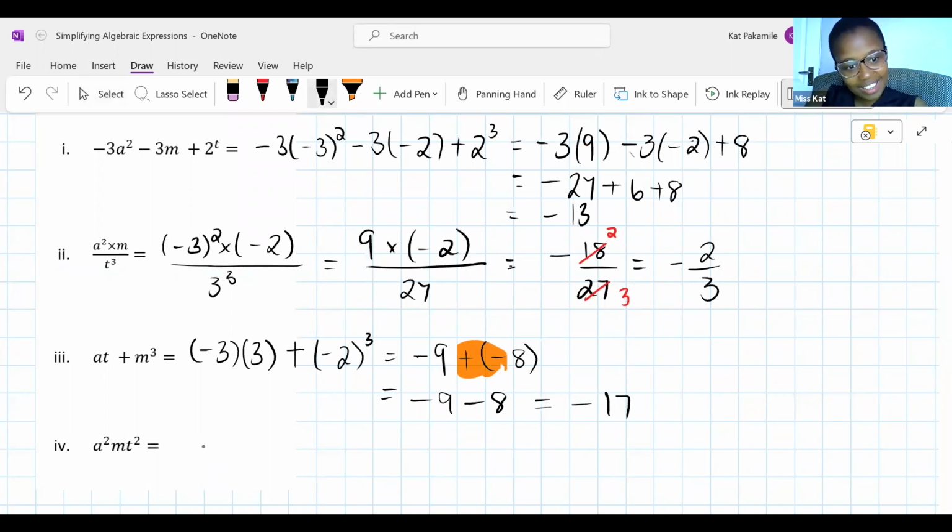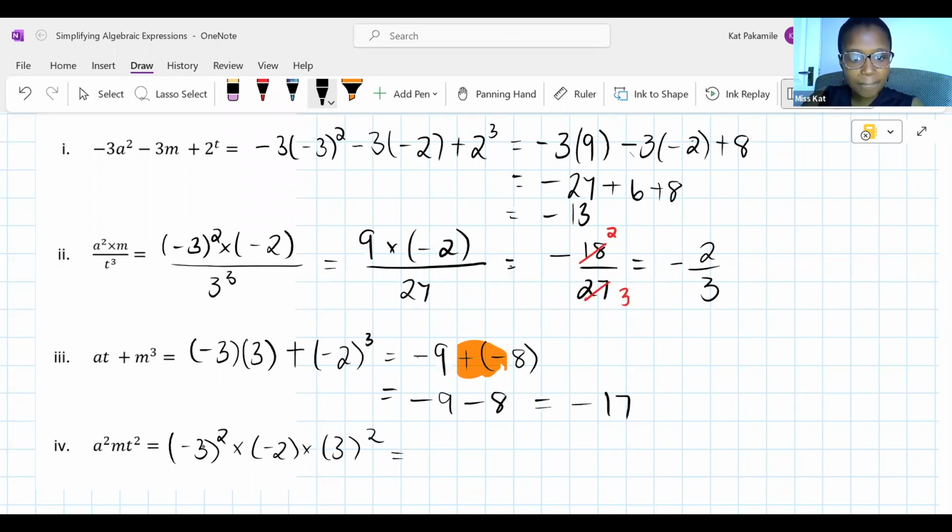We substitute a to the power of 2 with -3. And then we say times negative 2, bracket 3 to the power of 2. Okay, let's deal with exponents.